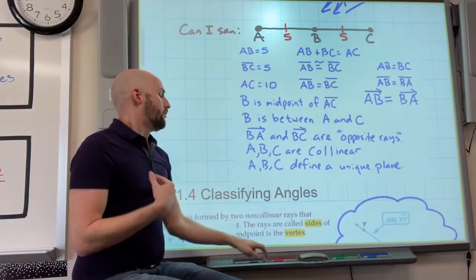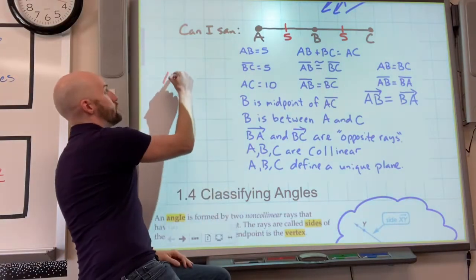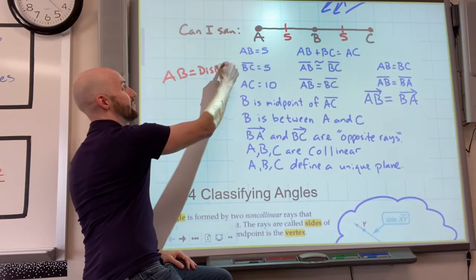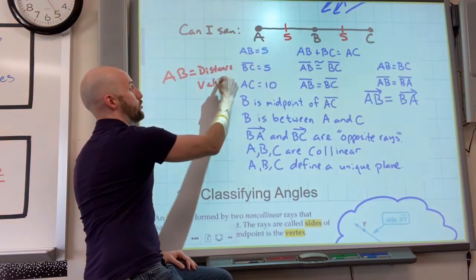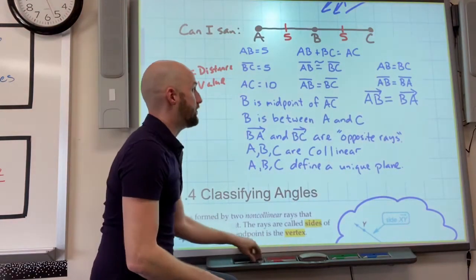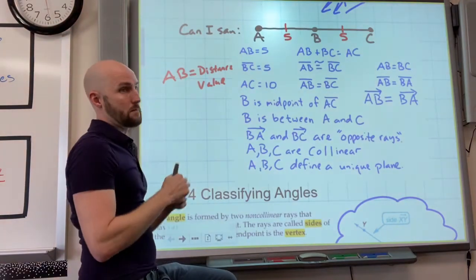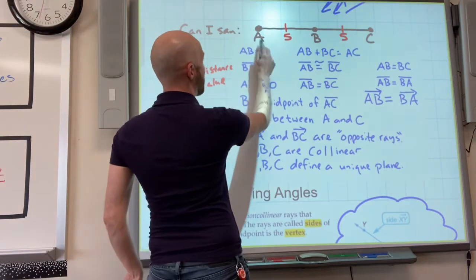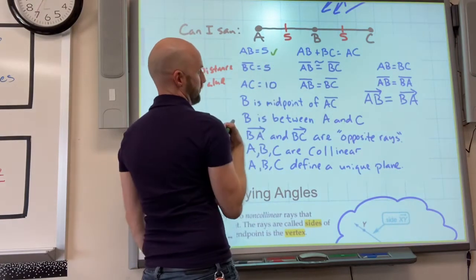Okay, so recall, if you do not have a hat, you are talking about a distance or a value. Anything with a hat on it is talking about the object. So, can I say that the distance from A to B is 5? Yes.